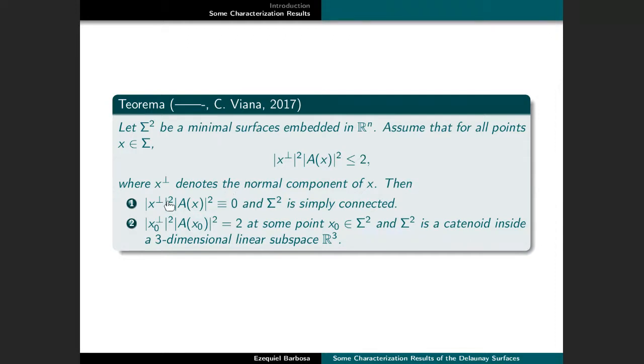We were not able to prove that when the simply connected situation is verified, this is a plane. But for the annular situation, the surface should be a catenoid inside a three-dimensional linear space R3.